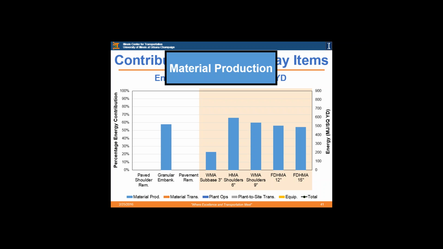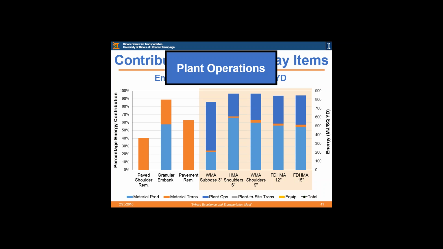Here we have material production, and you can see the variation. For example, there's no material production for removal processes. Then we have material transportation, so a lot of that is going off-site, for example. We have plant operations, which is only needed for the right side here. You can see the contribution of that. We have plant-to-site transportation. And then finally, we have equipment usage.